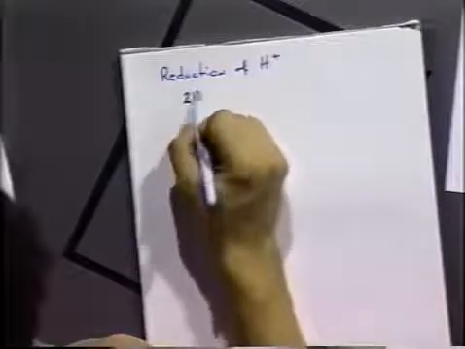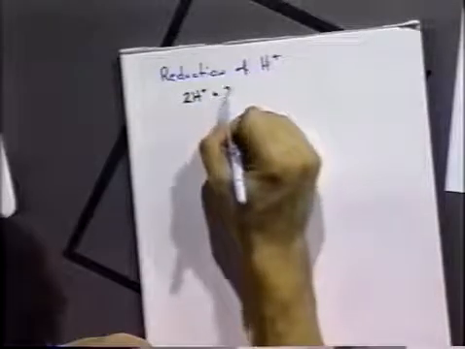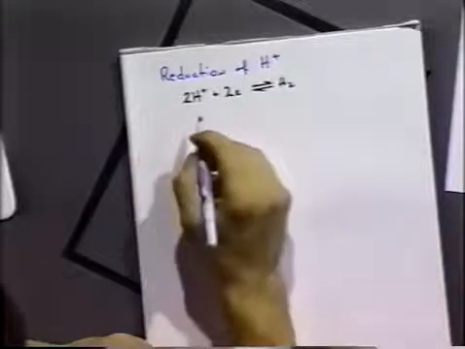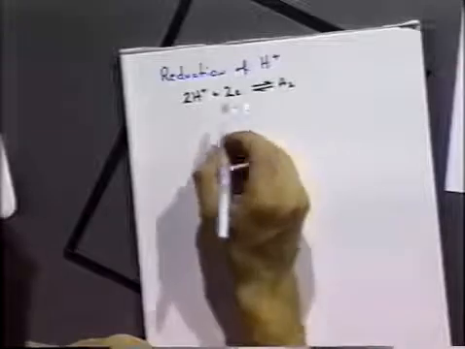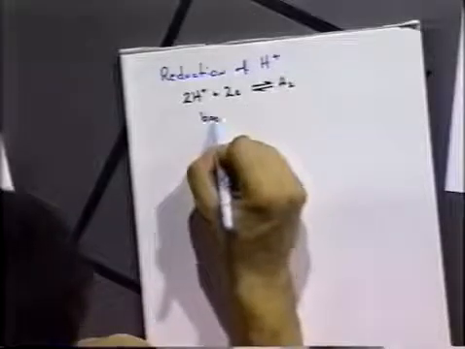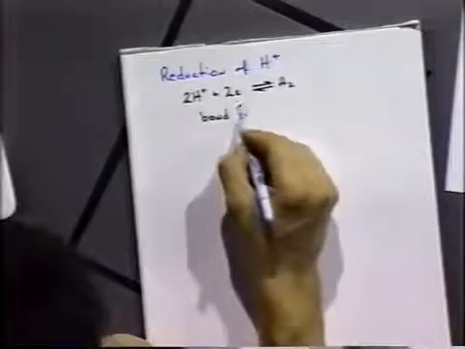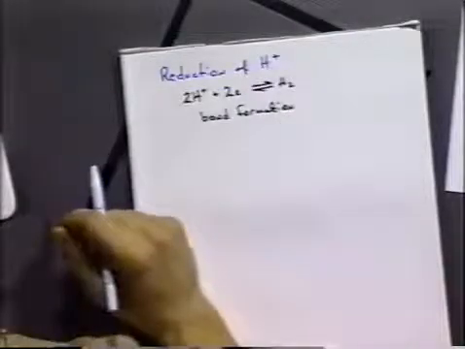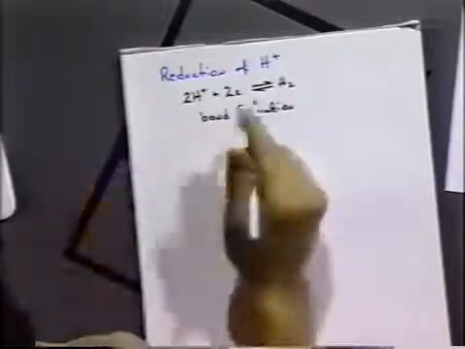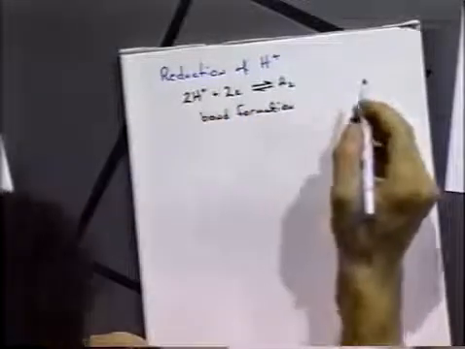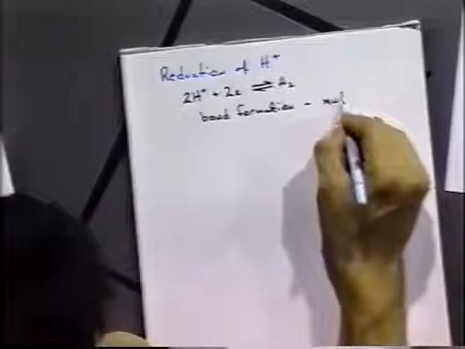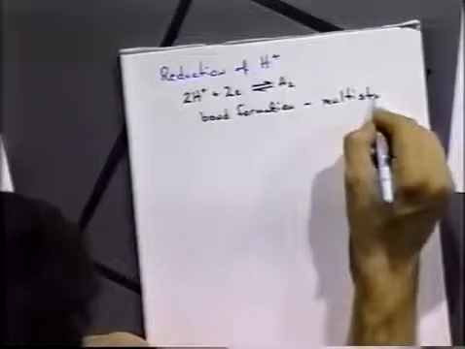Remember that the overall reaction is 2 protons plus 2 electrons going to hydrogen gas. There's going to be a bond formation there, so that's already another indication we might have an inner sphere process. Now, in order to have 2 electrons, we really have to have a multi-step process.